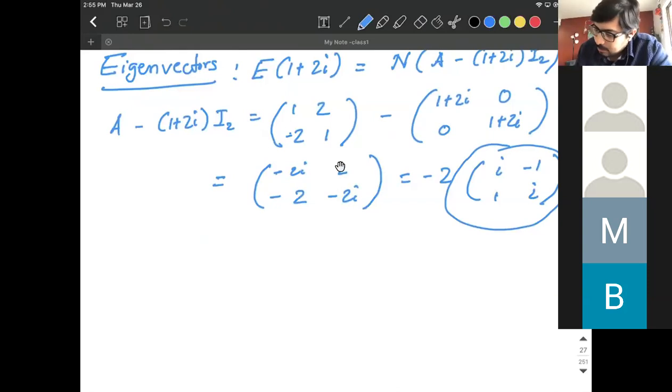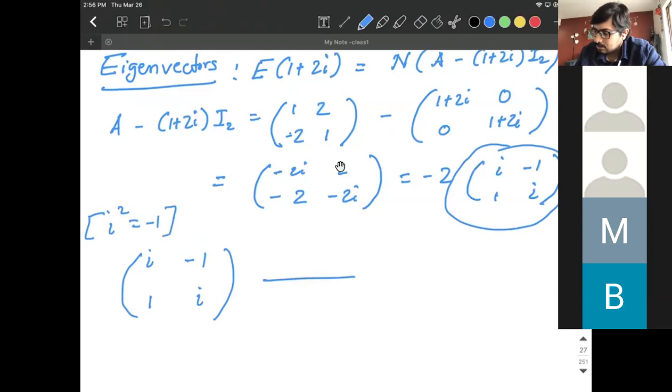But once again, the only thing that you want to remember is that i squared is minus 1. So using that, if you do the following operation, R2 plus i times R1, you're multiplying the first row by this complex number i.